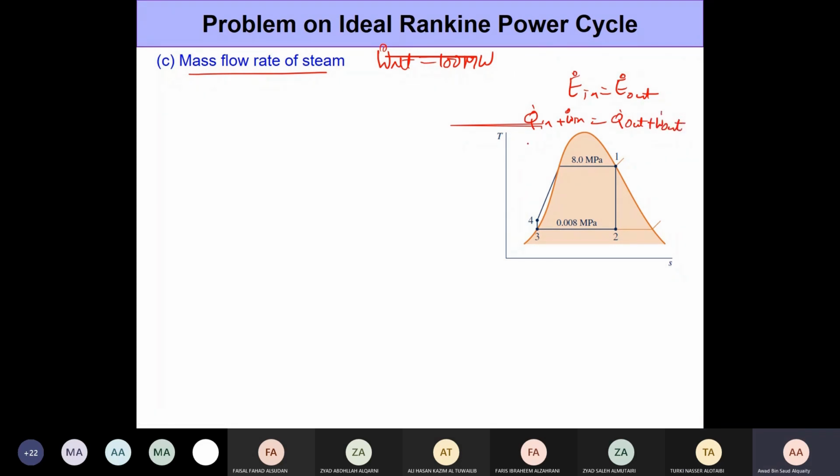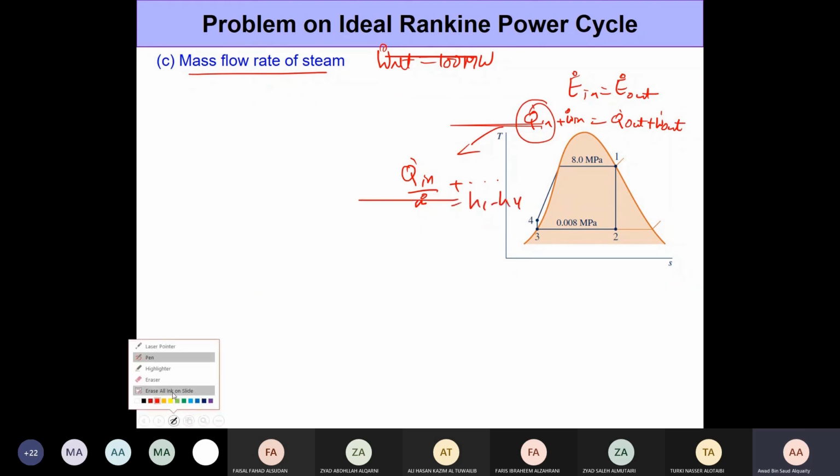And I know all these numbers per unit mass. I just don't know the mass flow rate. I could write it as q dot in by m dot plus so on, but because we don't have the mass flow rate yet, we can't exactly find q dot in. We can find q dot in by m dot because it's simply equal to h1 minus h4. So yes, that's a good idea usually, but here it's not going to take us far.